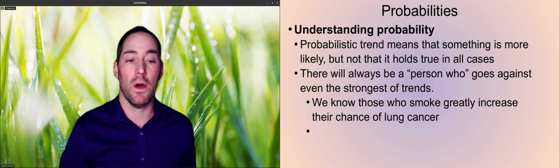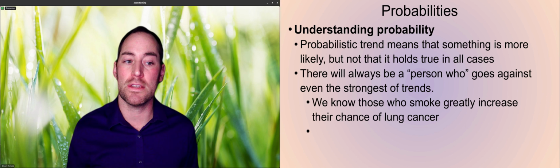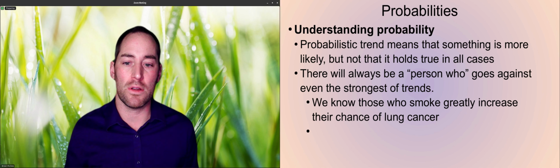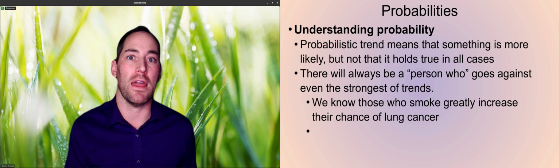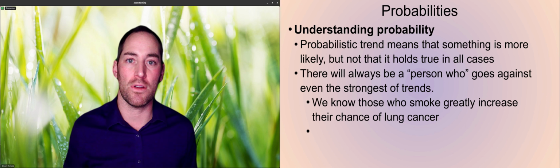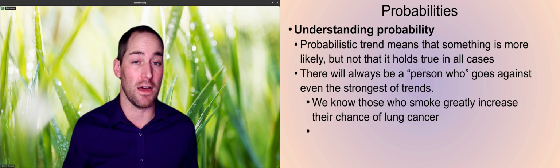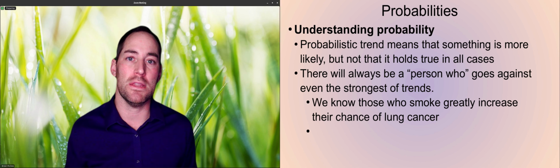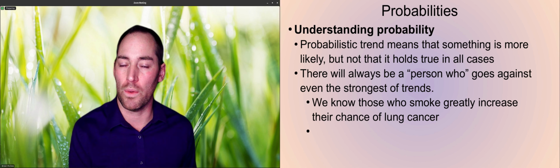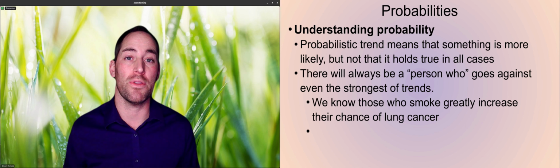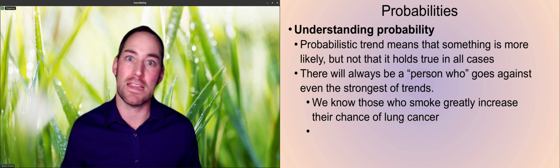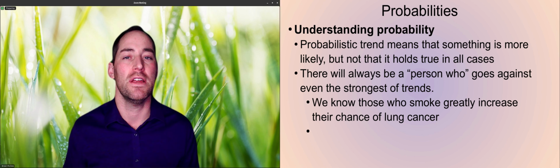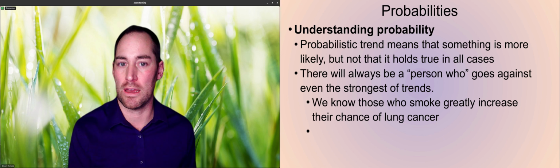We know that people who smoke cigarettes have a much greater likelihood of developing lung cancer. Just because you have an uncle who smoked every day of his life, 2 packs a day, and didn't get lung cancer, that doesn't mean that this trend doesn't hold. For most people that smoke, that person still has a higher likelihood of getting lung cancer, even if they don't actually get lung cancer, right?